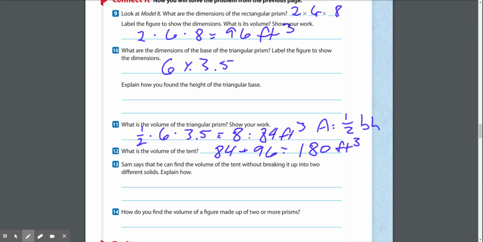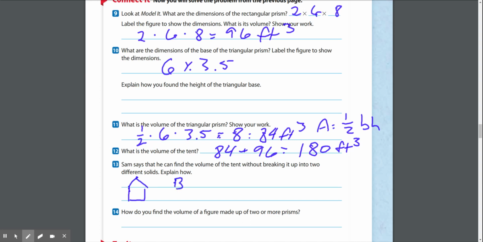So Sam says that he can find the volume of the tent without breaking it into 2 different solids. Explain how. Now, if you remember, you can find the volume of any shape, as long as you can figure what the area of that base is and multiply it times height. So if you just found the area of the base, the base was just like this. There are 5 sides, so it's a pentagon.